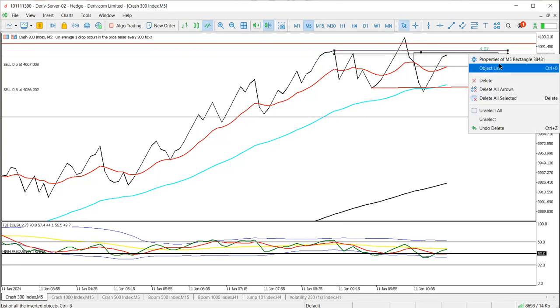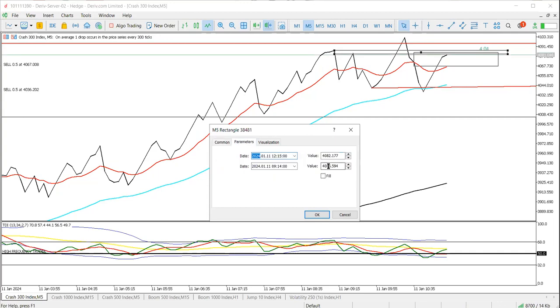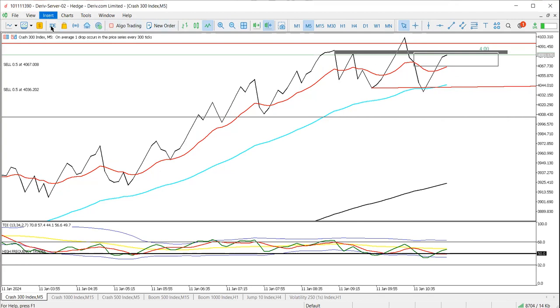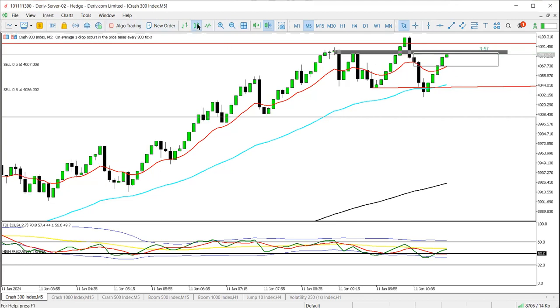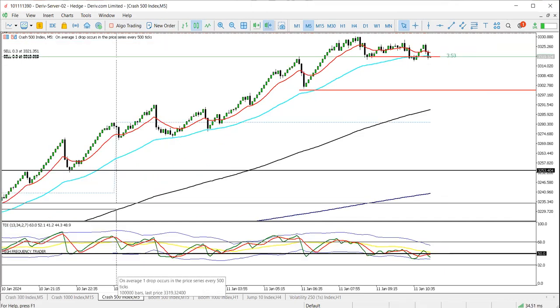Once we break this zone here, then I'll quickly cut loss there. I won't really be interested in this setup anymore. For now, I'll focus on C500. So let's see what happens on these setups.